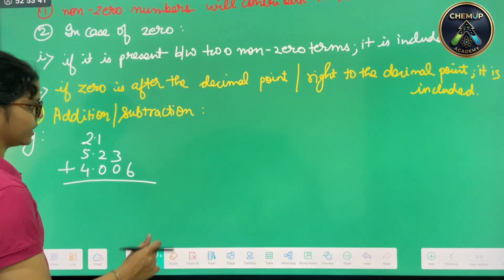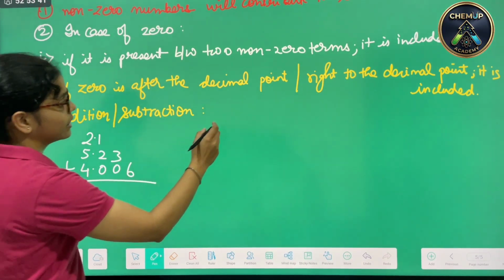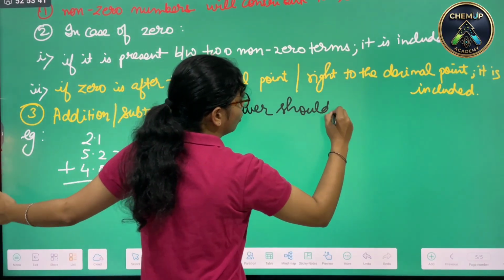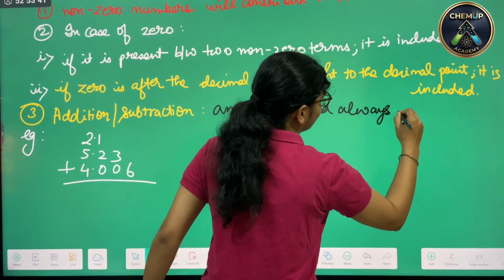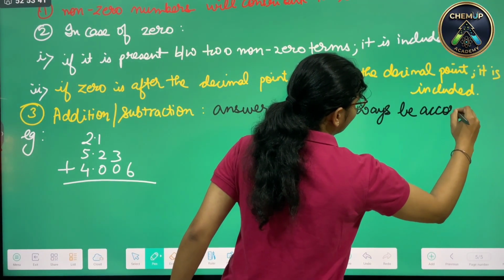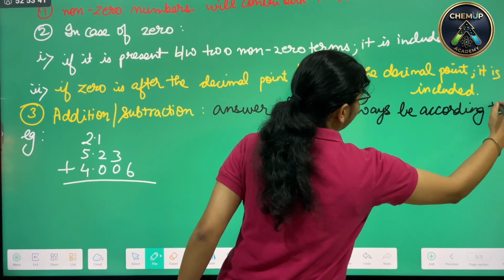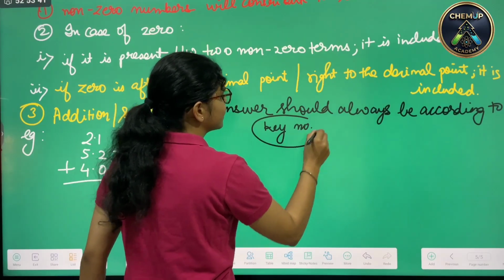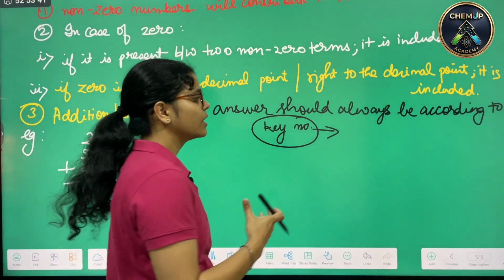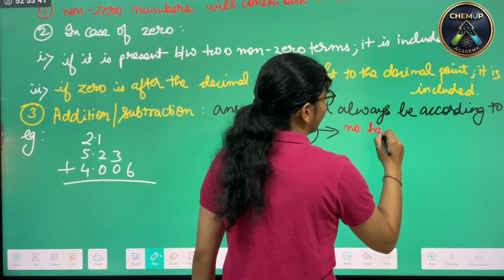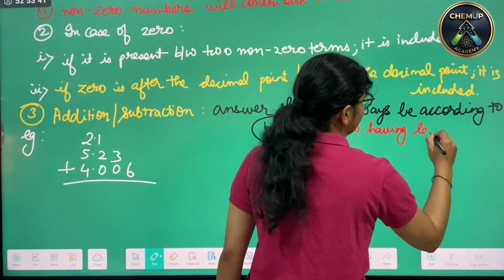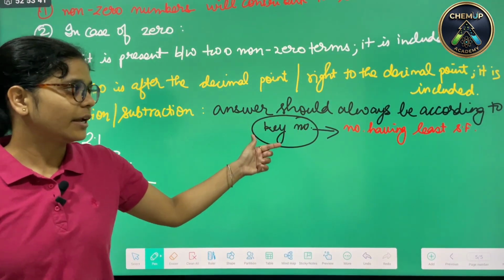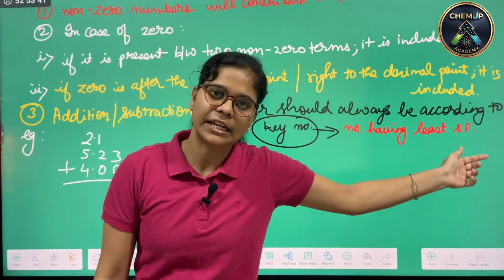Whenever we add or subtract, the answer should always be according to the key number. And what is this key number? The key number is the number having the least significant figures.